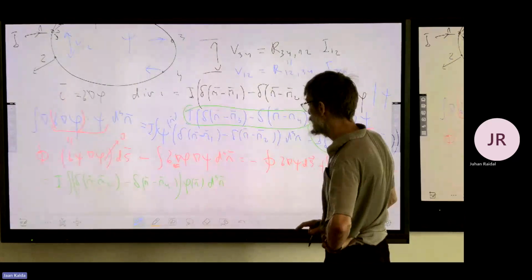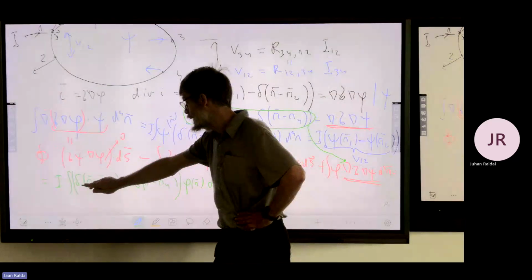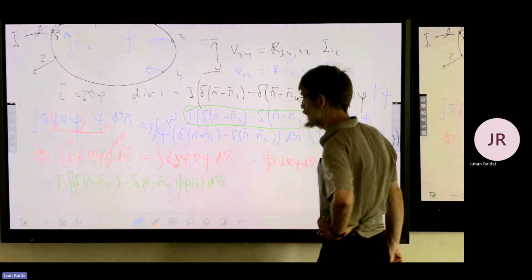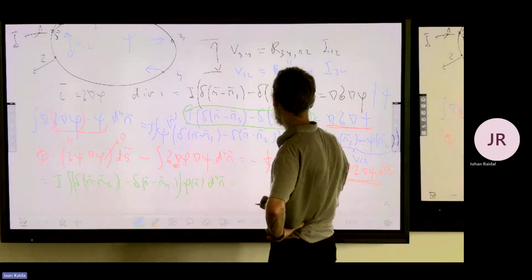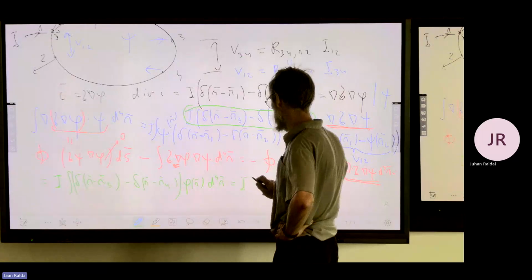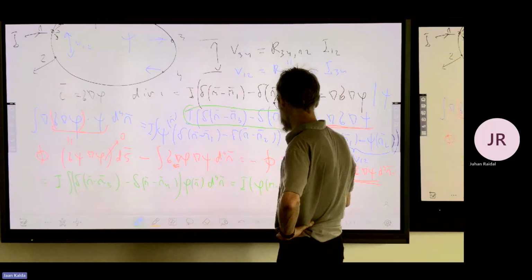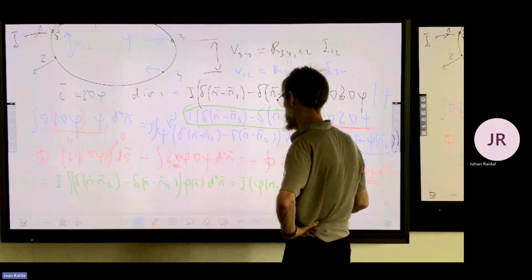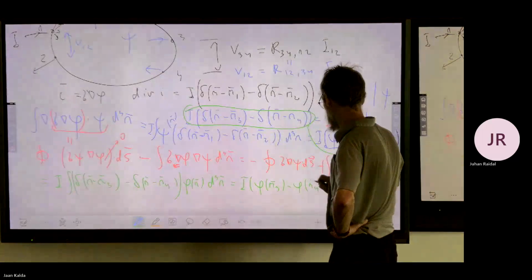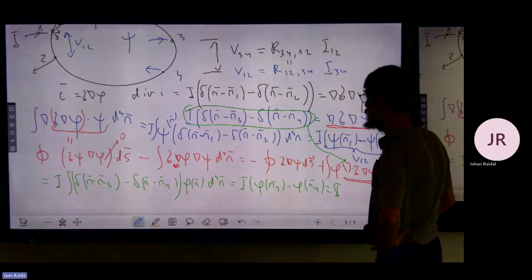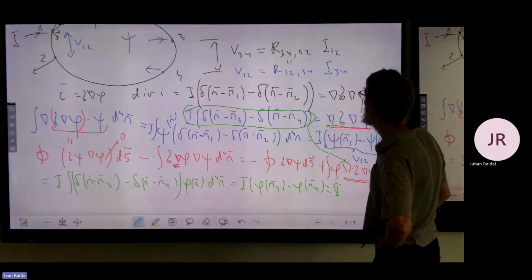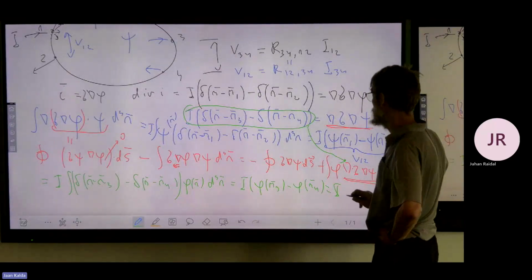And now this becomes a voltage, as in the first case, at position 3. So this is now I multiplied by phi at R3 minus phi at R4. And this is I, and V34.